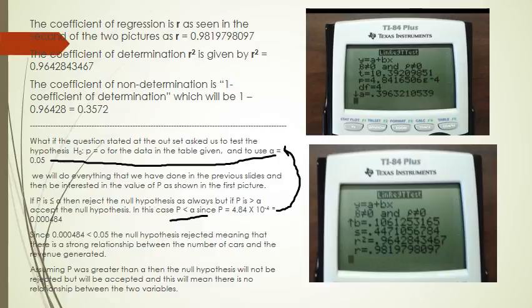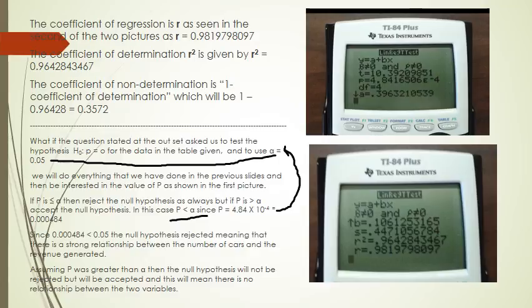So since 0.00484, which is what you get when you remove the exponent from 4.84 times 10 raised to the power minus 4, is less than 0.05, the null hypothesis is rejected. This means that there is a strong relationship, since the null hypothesis, which suggested a weak relationship, is rejected. So there's a strong relationship between the number of cars and the revenue generated.